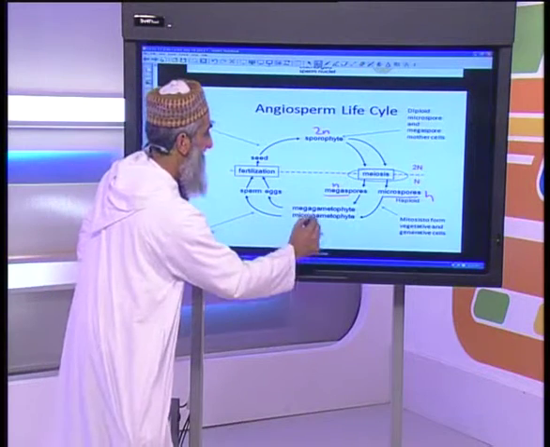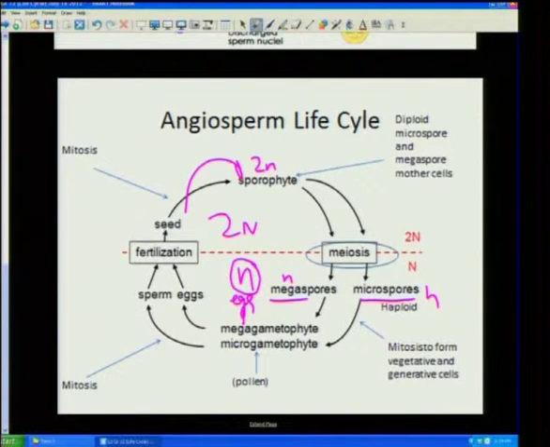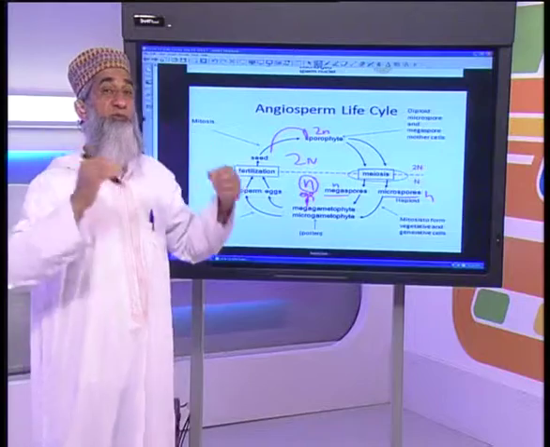In other words, the pollen and the egg fuse, fertilization takes place. This gives rise to the seed. The seed undergoes mitosis to form the big plant that we see. Again, as you can see, above is 2N, below is N. Haploid, diploid. This is what we mean by life cycle.